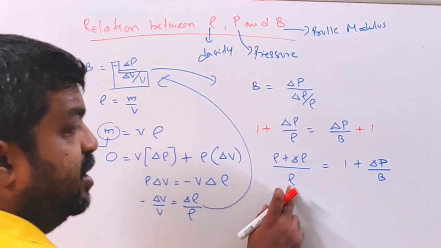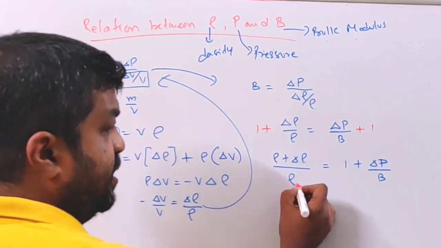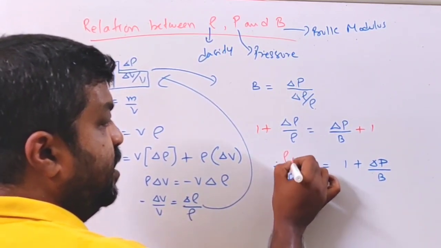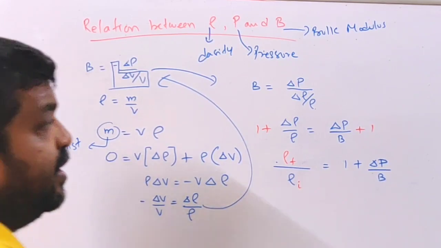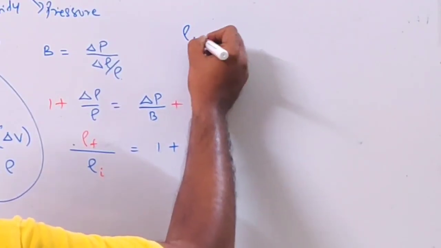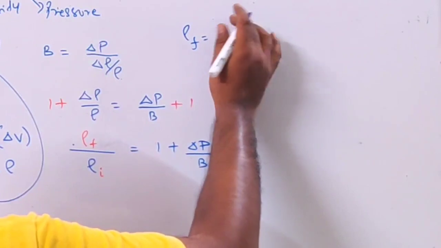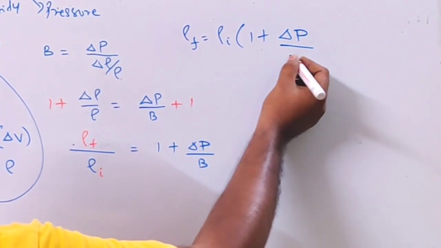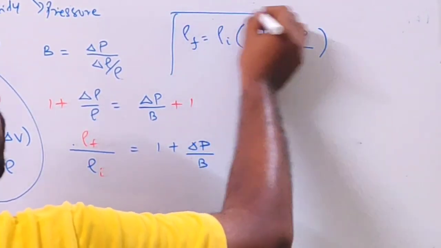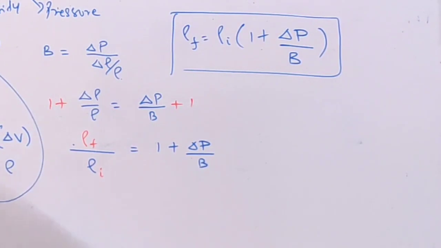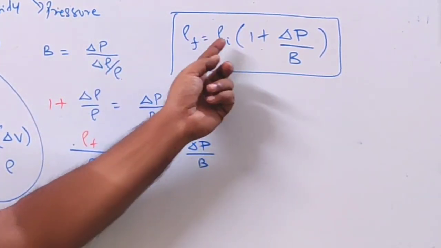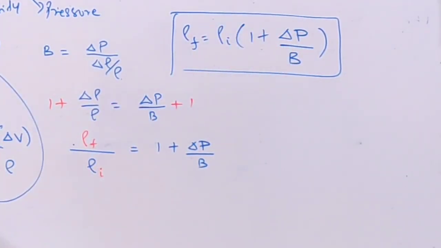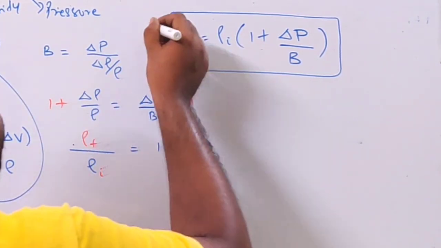So I can write the final density is equal to initial density rho I times 1 plus delta P, the change in pressure, divided by bulk modulus. This is one very important relation.